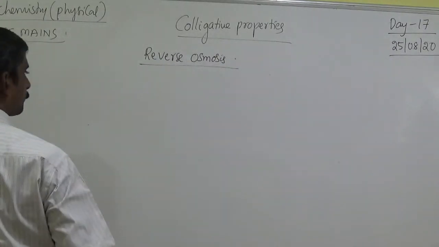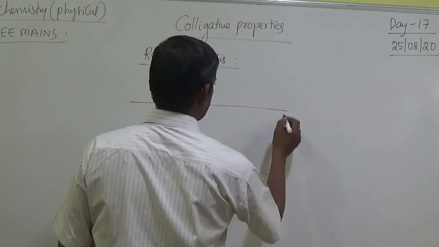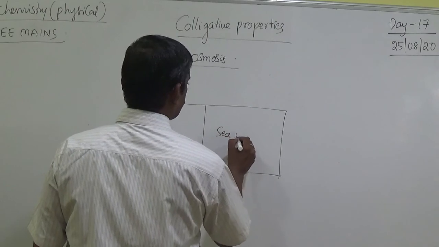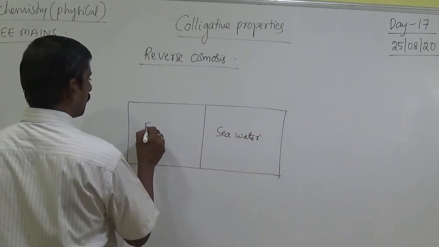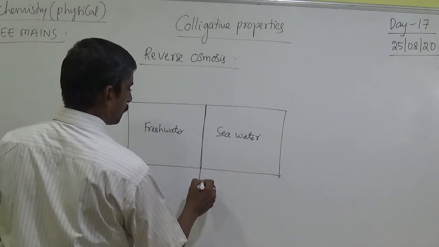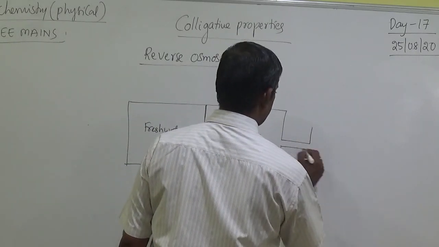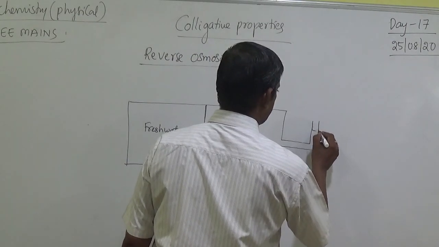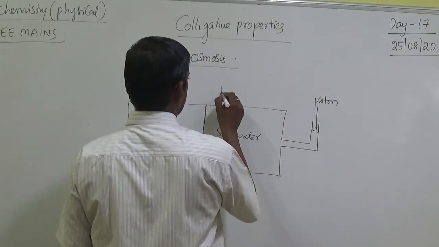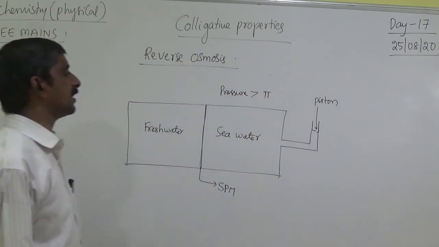Simply, it is sea water. It is fresh water. It is an SPM, semi-permeable membrane. A piston. Pressure is greater than that of osmotic pressure.